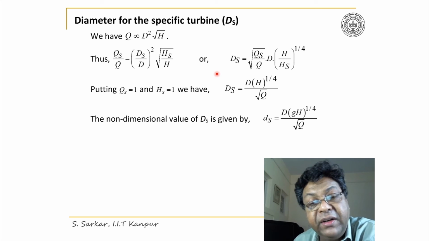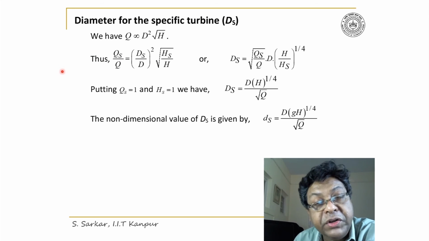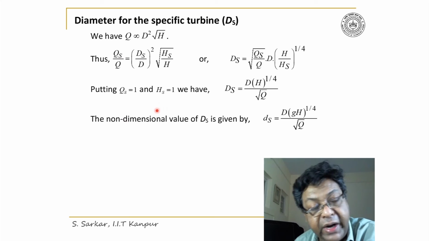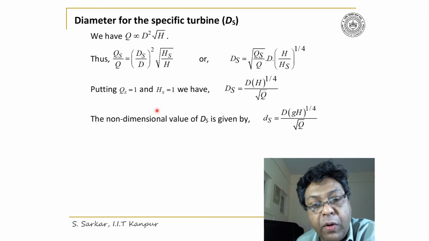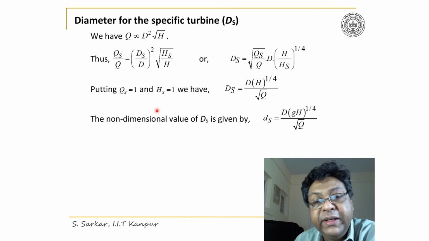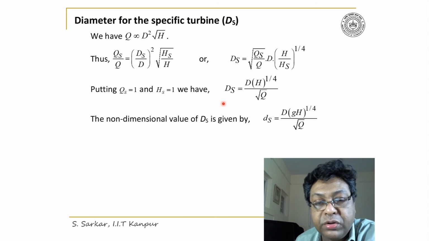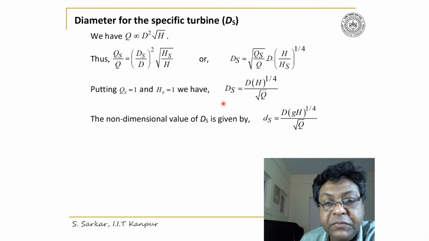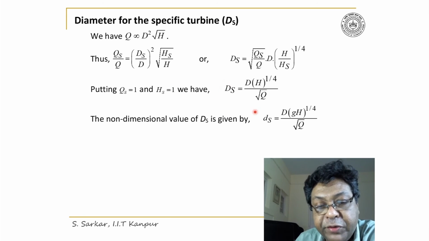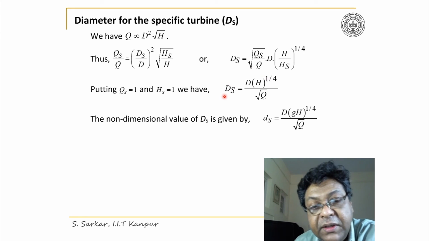By definition, for a specific turbine, Qs and Hs are unity, and hence put the values of Qs and Hs in this expression. You will get Ds is equal to D into H to the power 1/4 divided by root over Q. This is the expression of specific diameter.